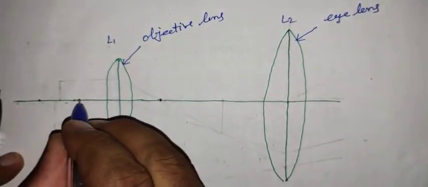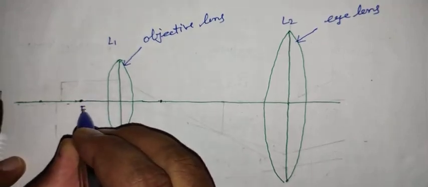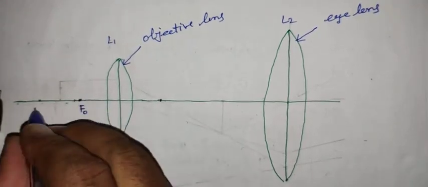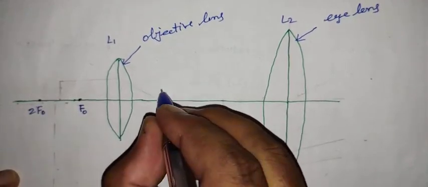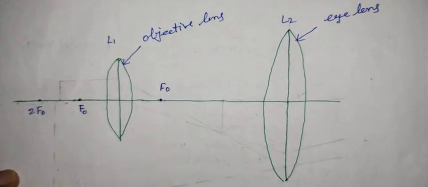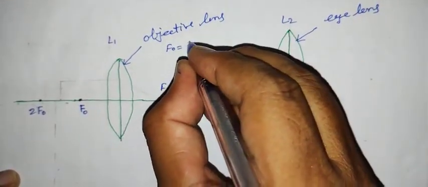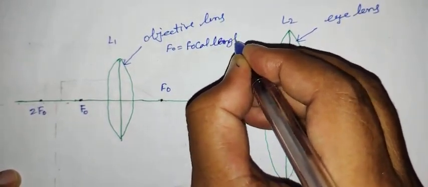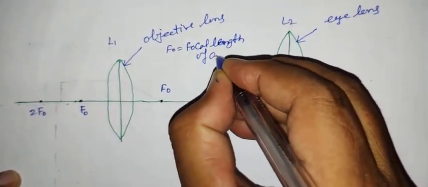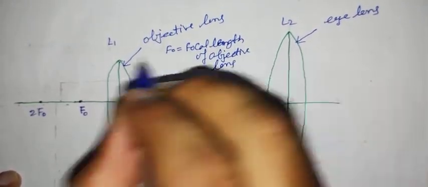Let the focal point of the objective lens be FO. This is twice of FO. FO is the focal length of the objective lens.